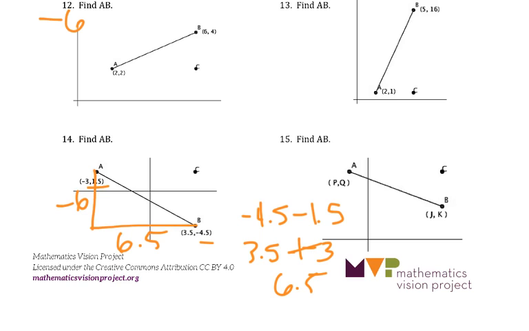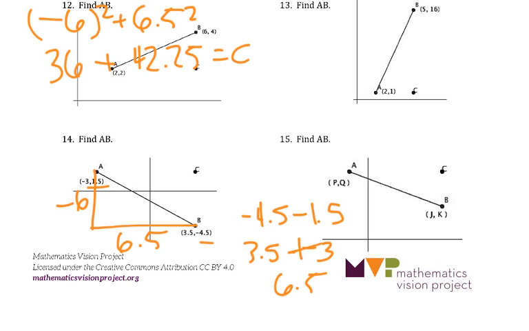So we go negative 6 squared, which, a negative number squared is always positive, so 36, plus 6.5 squared. I don't know 6.5 squared off the top of my head, 42.25 equals that length squared. So add those two together, 36 plus 42.25, we get 78.25. Take the square root. We end up with 8.845, so basically 8.8.